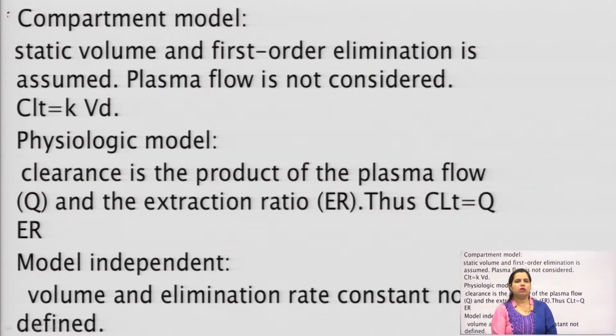So the basic formula will be CLT, the total clearance, is equal to K·VD. The physiological model uses the equation CLT is equal to Q·ER, where Q is blood flow and ER is your extraction ratio. In the physiological model, clearance is the product of the plasma flow and extraction ratio, and in the model independent approach, volume and elimination rate constant are not defined.